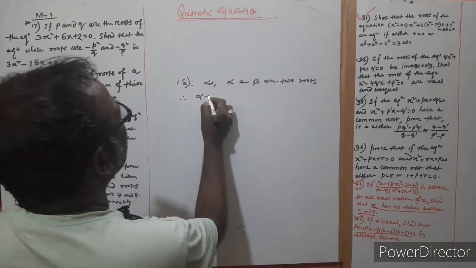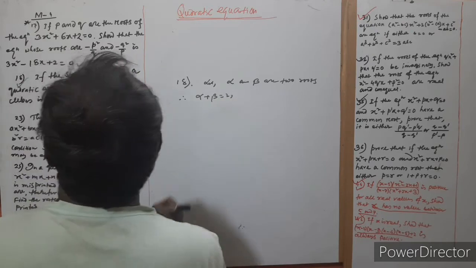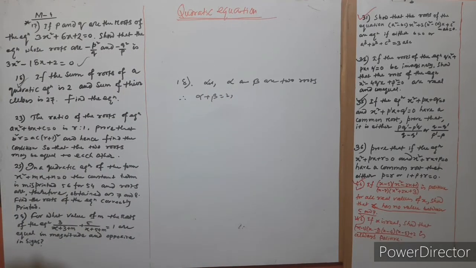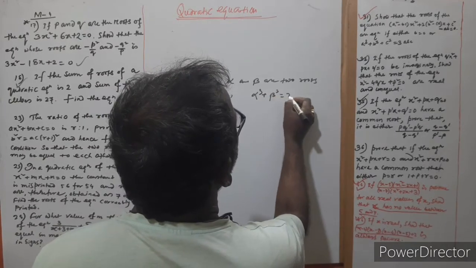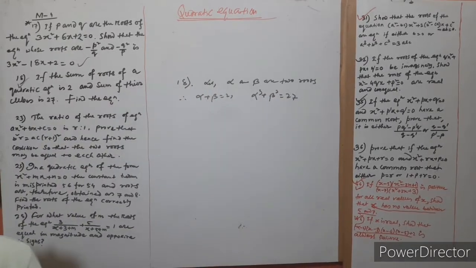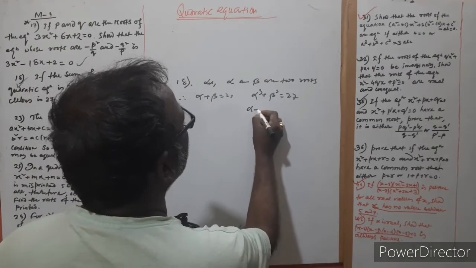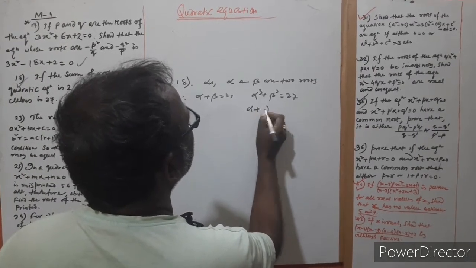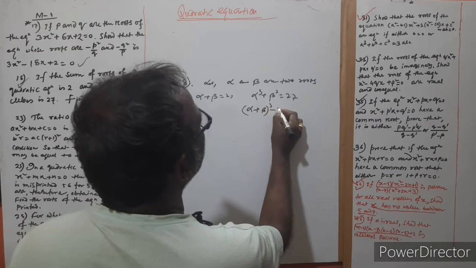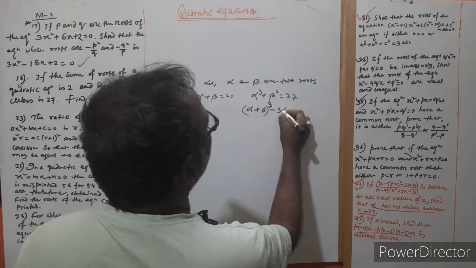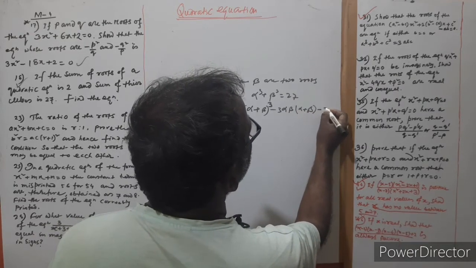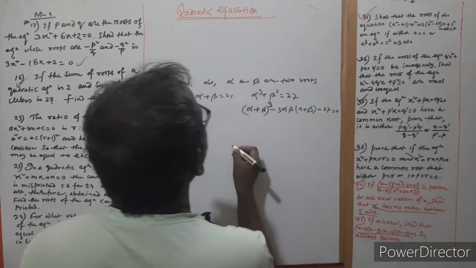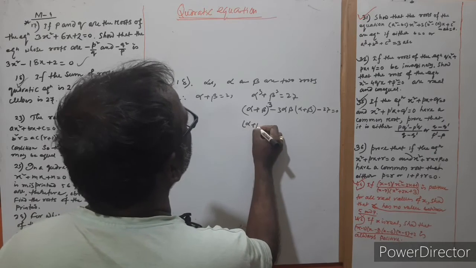So alpha plus beta is equal to 2, and the sum of their cubes, alpha cube plus beta cube, equal to 27. We can write this as alpha plus beta whole cube minus 3 alpha beta times alpha plus beta equal to 27.